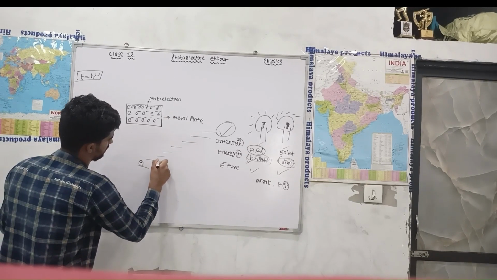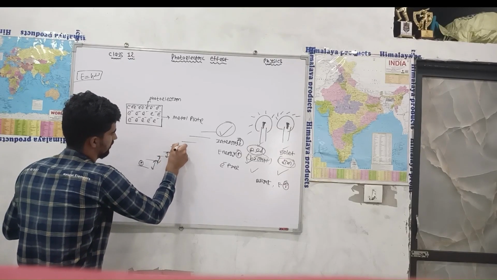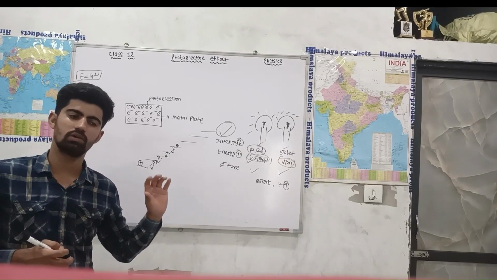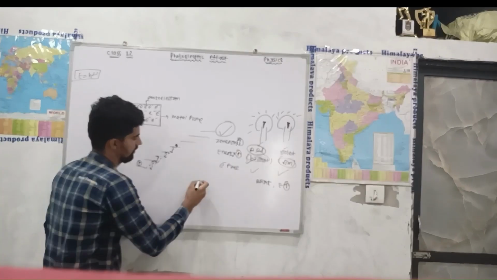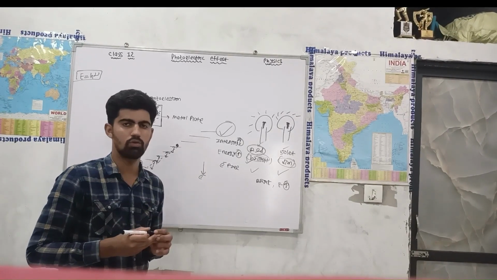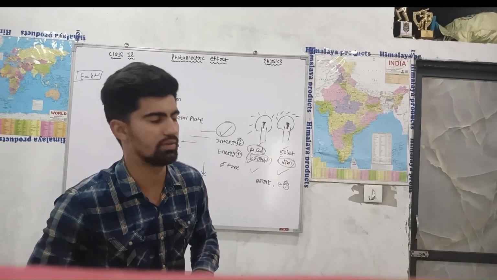Like this height you have to cover to reach this floor. Same thing happens with the electrons. When our electrons get a minimum amount of energy, they will be free from the metal surface.